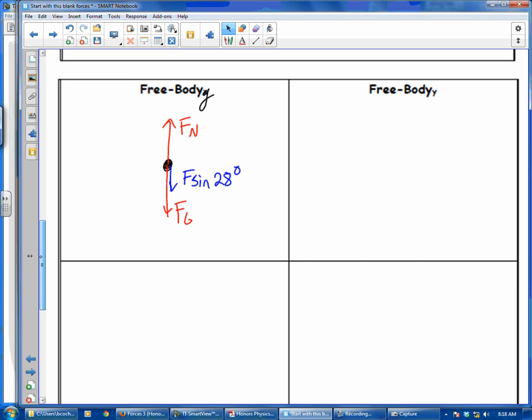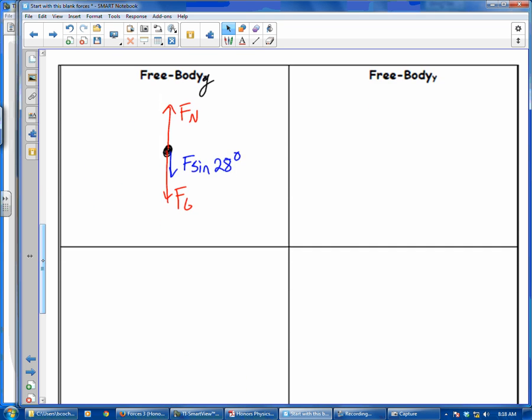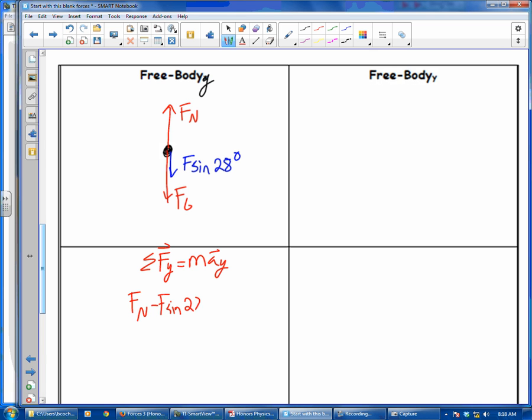That should be it. That's all my forces, I think. Yep. So, sum of the forces in Y equals MAY, and I have force normal minus F sine 28 degrees minus FG equals M times 0.